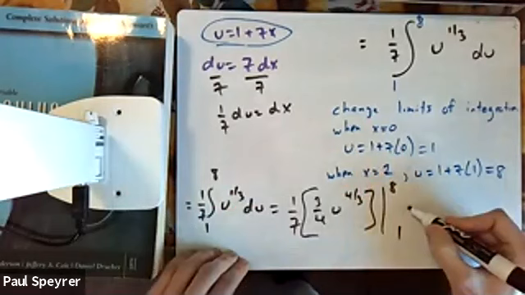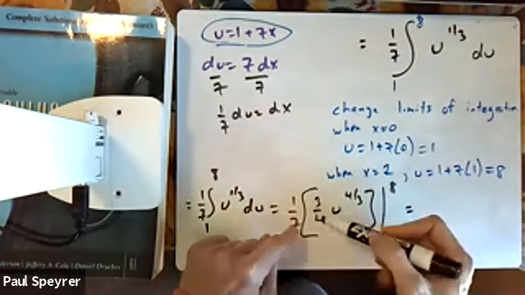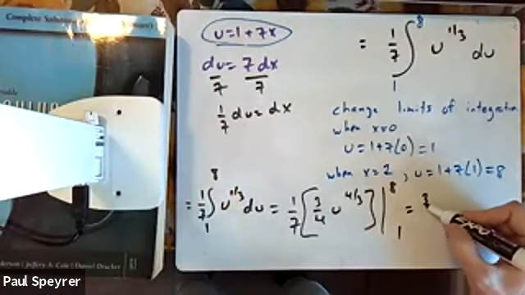So what does this become? Well, we have these two fractions. We can multiply them, right? We can't reduce them or anything. So this is just 3 over 28.